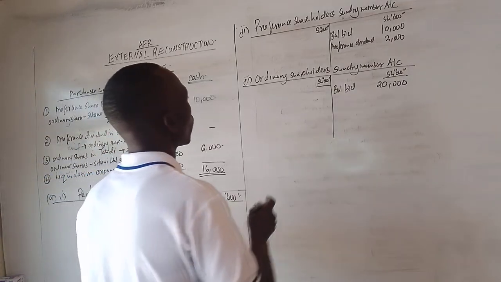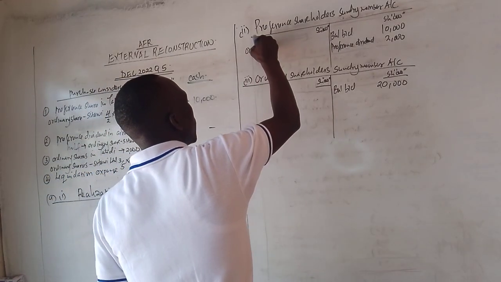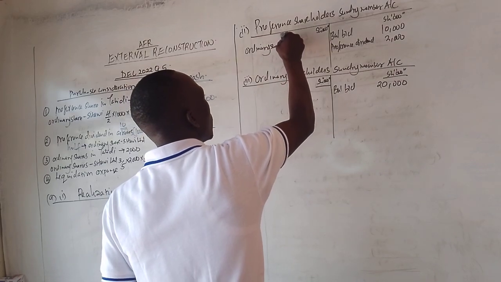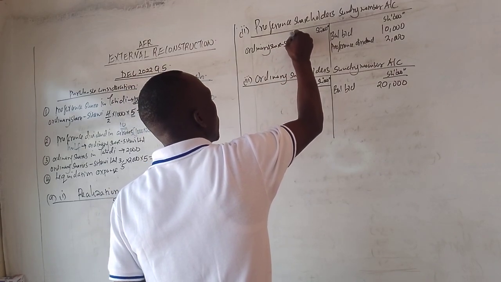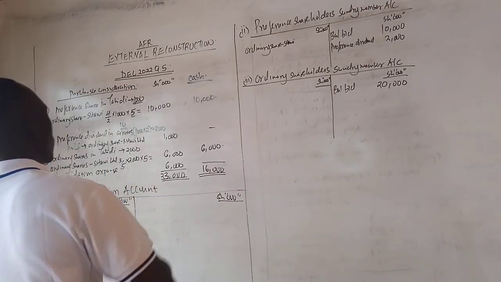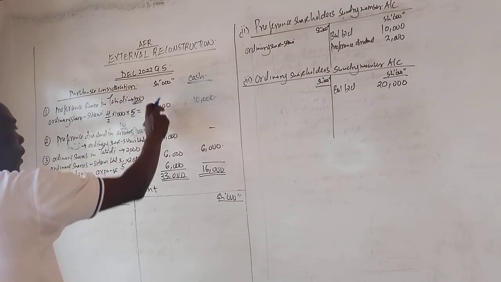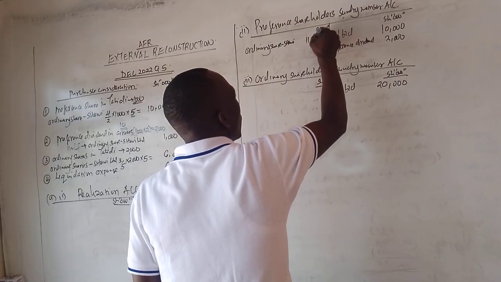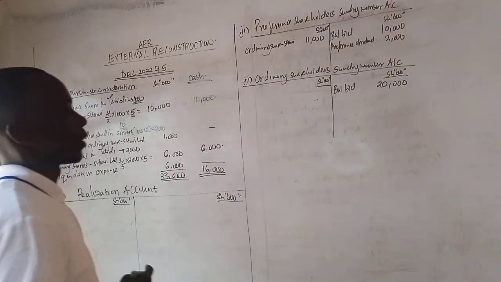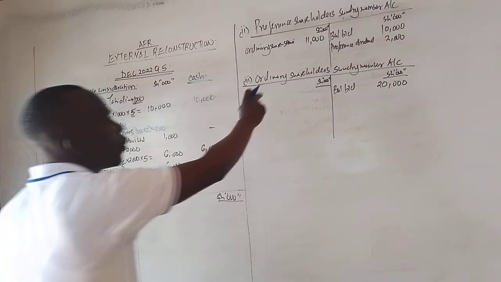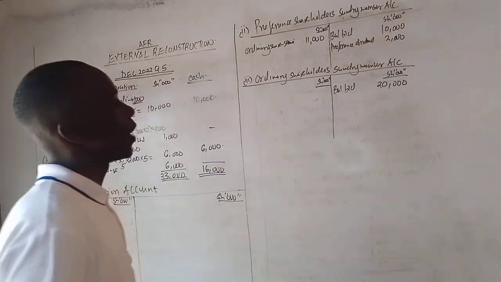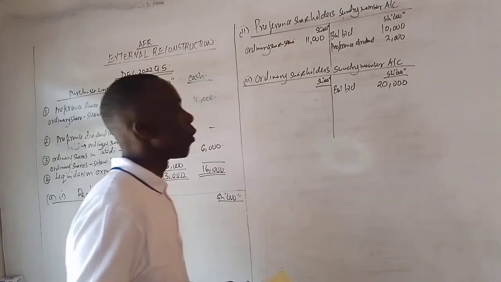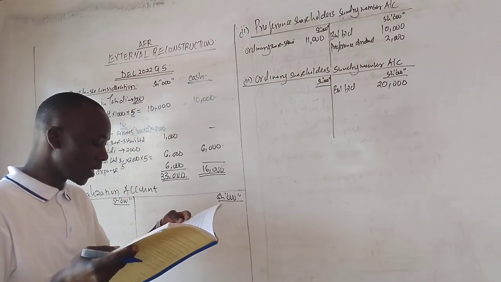So let us get the total new ordinary shares in Starway, worth 10,000 plus this 1,000 half. So here we have 11,000. Then from there, we go to the ordinary shareholders. If we have the share premium, we include it there because we are writing off.